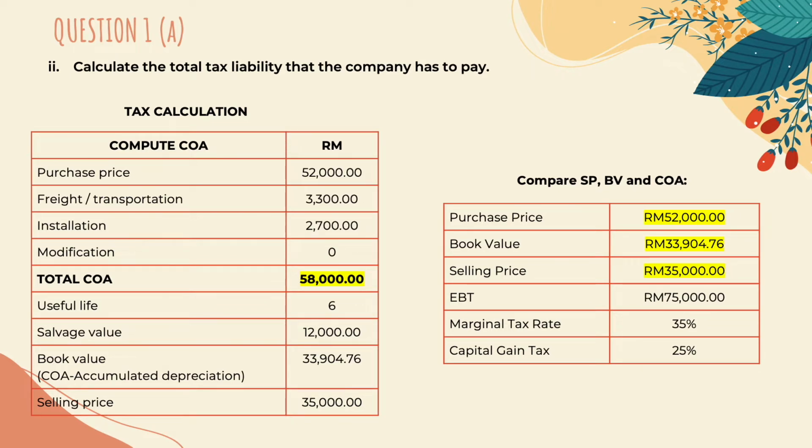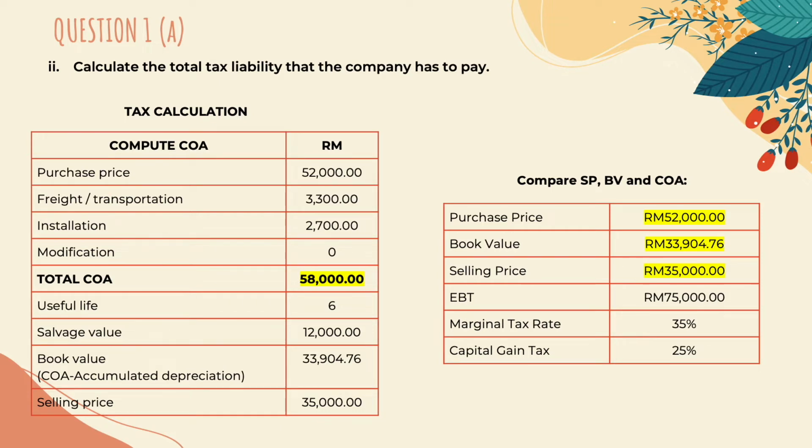Next, we need to find the useful life, which is 6, salvage value 12,000, and book value, which is the cost of asset minus accumulated depreciation. We will get 33,904.76, and the selling price, as stated in the question, is 35,000.